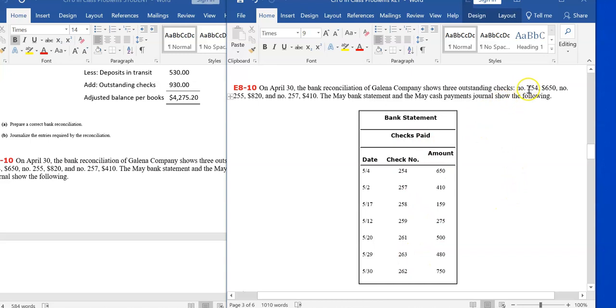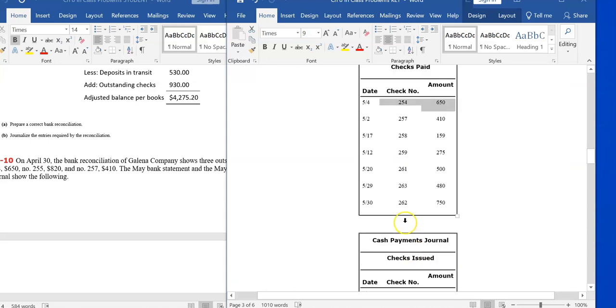Let's take a look and see if any of the outstanding checks from April have cleared during May. So let's look for check 254. Here's check 254. It was paid in the amount of $650. That means that check has been processed. It is no longer outstanding. Check 255. Looking down here, I do not see check 255 on the bank statement.